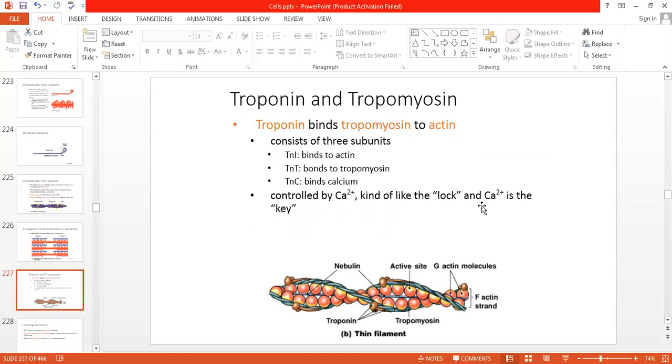It is controlled by calcium, kind of like a lock and key, where calcium is the key. Nebulin you can see holding the actin, troponin and tropomyosin are there, and F-actin strands are there.